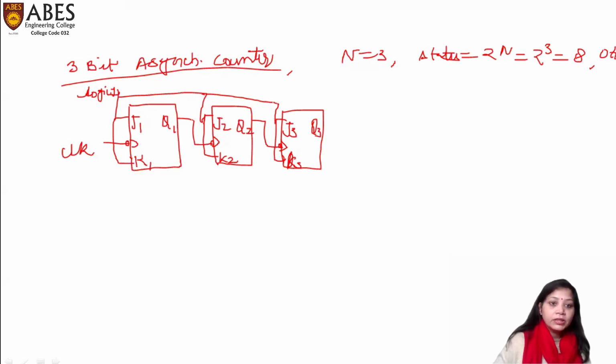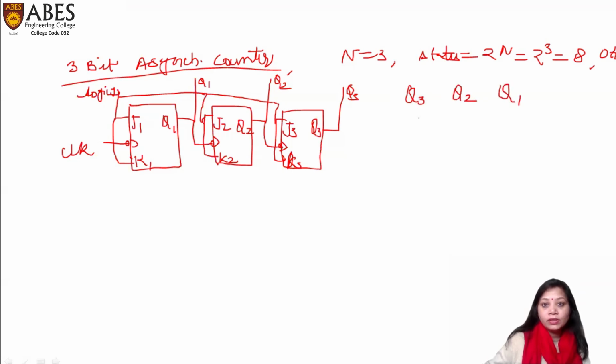We will take outputs from this Q1, Q2, and this third one is Q3. If I want to see the table of this 3-bit asynchronous counter, we first take Q3, then Q2 and Q1.